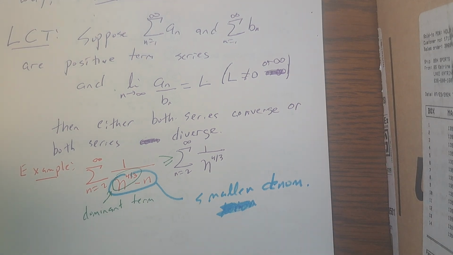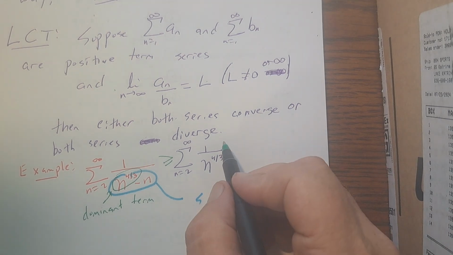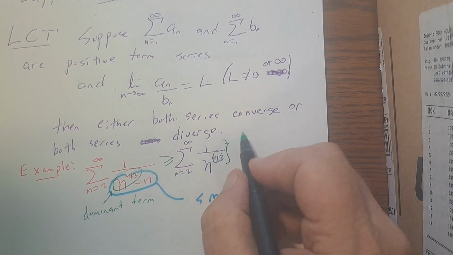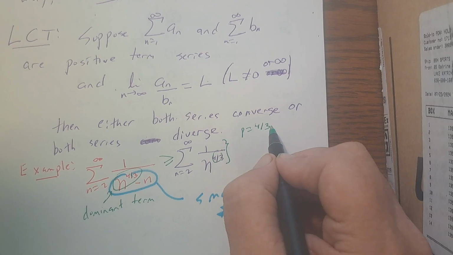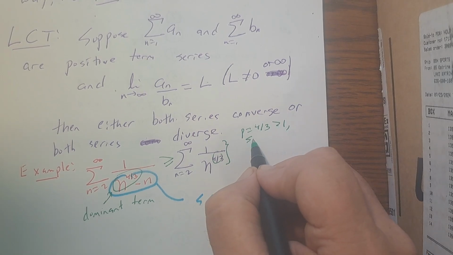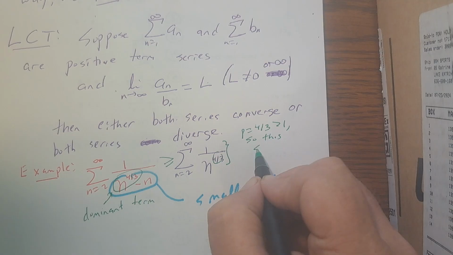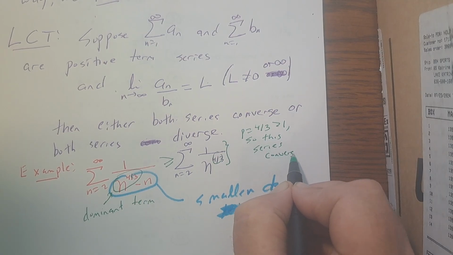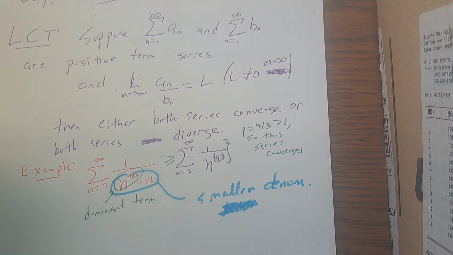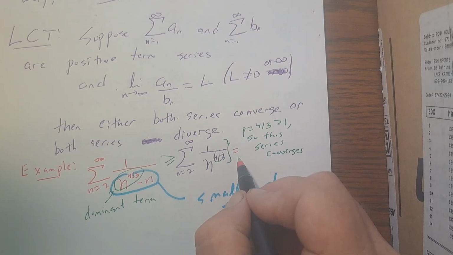This one is a p-series, and p is 4/3, which is greater than 1, so this series converges. If it converges, then that right-hand side is a finite number.